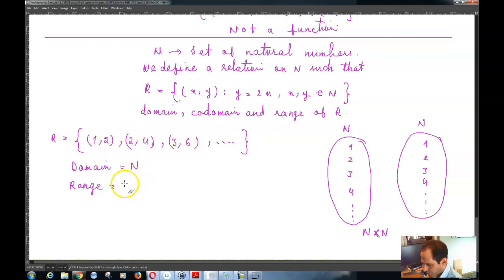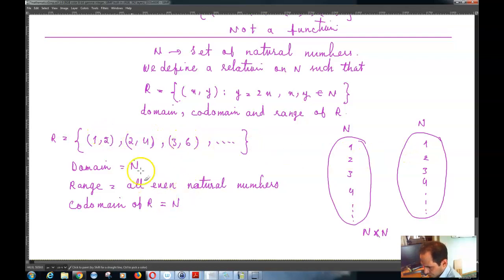So you can say all even natural numbers. And the codomain of R is going to be basically again the set of natural numbers.